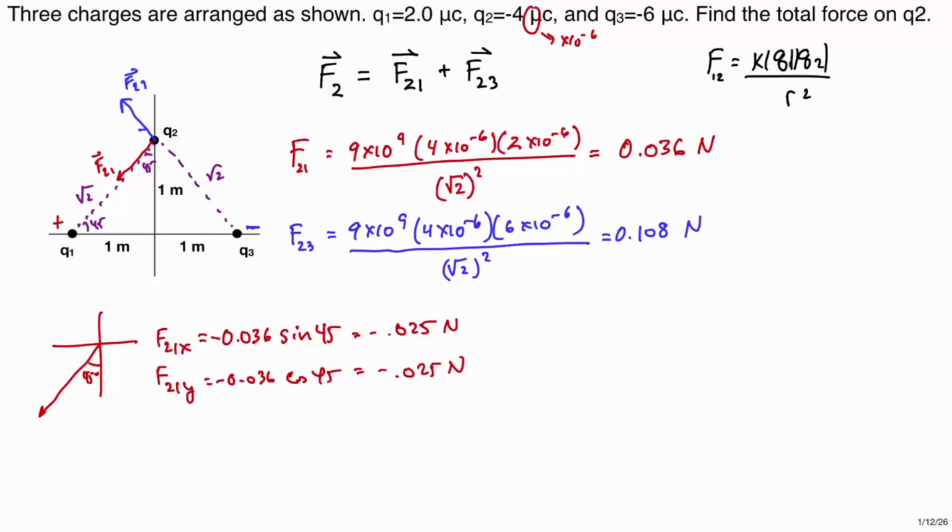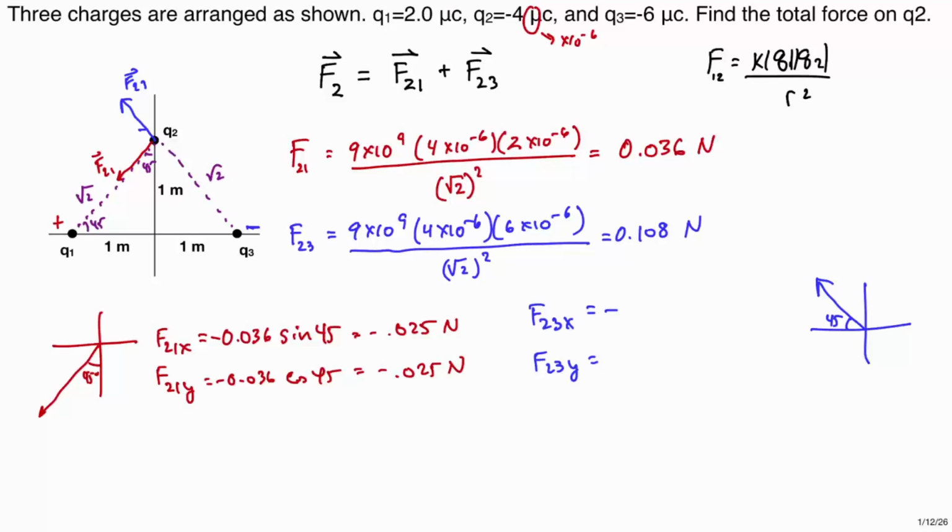Okay, and then for F23x and F23y, let's see, that picture, what quadrant is F23 pointing into? Second quadrant, right? So our 45-degree angle is sitting right here if we want to do some geometry. This one looks a little bit easier. So the x component, positive or negative? Negative, good.